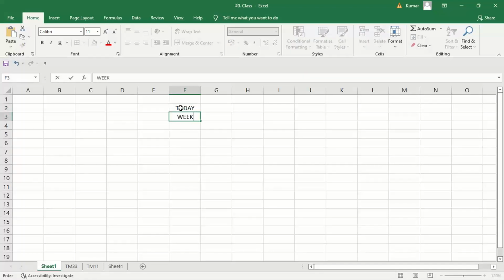Then week, month, and year period. It means today what is the total of cash related transactions I'm talking about. When we talk about cash related transactions, guys, of course most of the transactions are there in the form of expenses only.